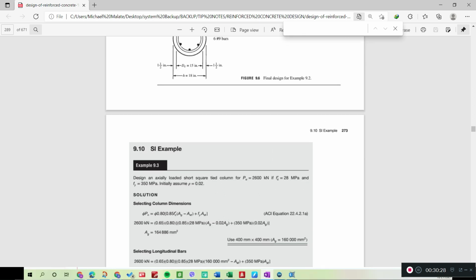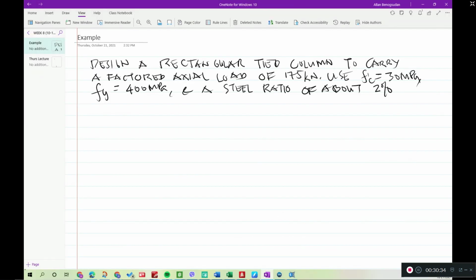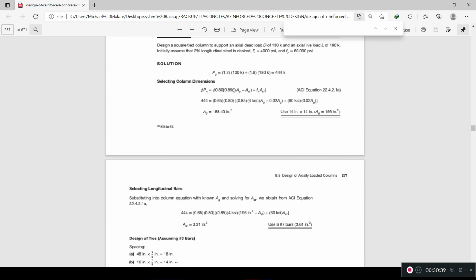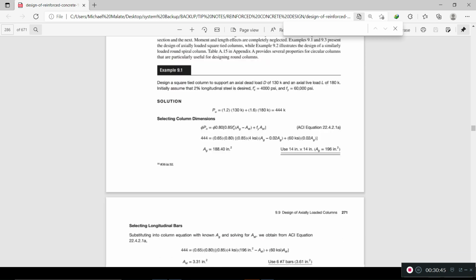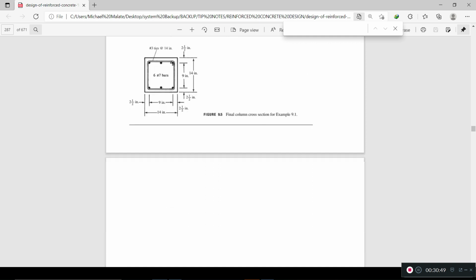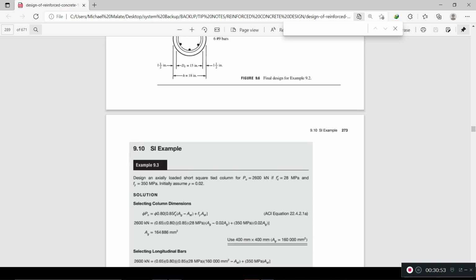So let me just write the given. But when you are doing it, you can choose not to put this one.